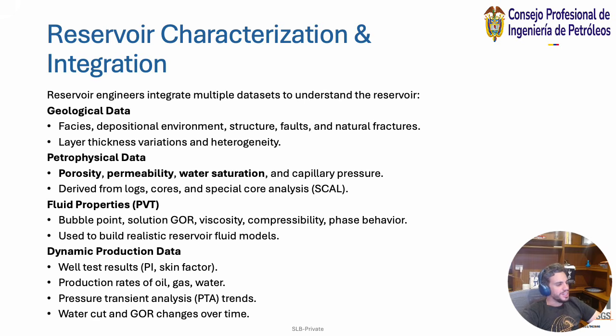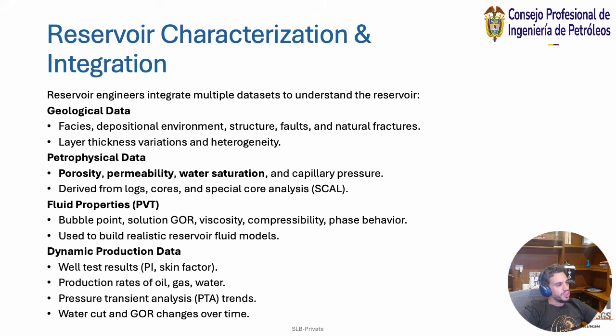So, in the details, one of the topics a reservoir engineer will look at is reservoir characterization and integration. They take multiple different data sets to really understand the reservoir and to be able to use that understanding for predictability.